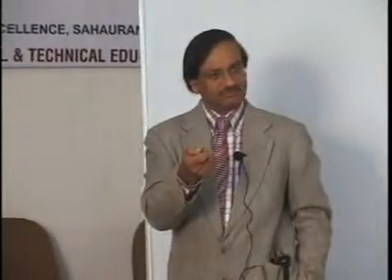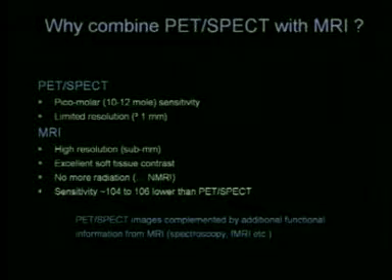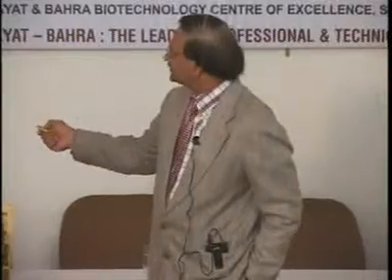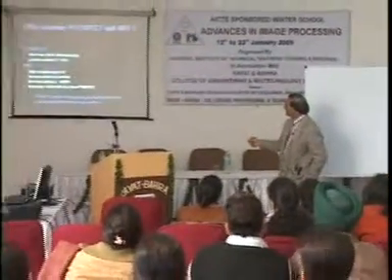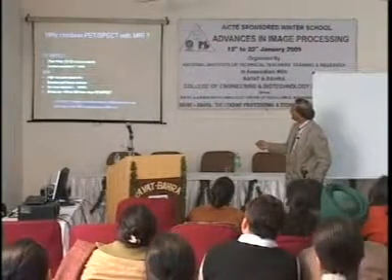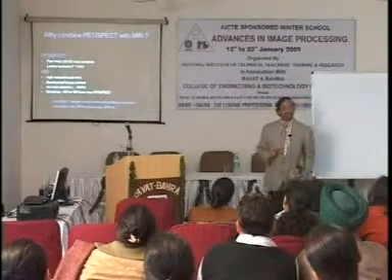Then you can do a PET or SPECT with an MR also. We have done so far PET with CT, but PET and SPECT can be coupled with an MR also. What will be the advantage? If we take a PET study, it has picomolar-level sensitivity, and has a disadvantage, that is about 1 cubic millimeter of resolution.